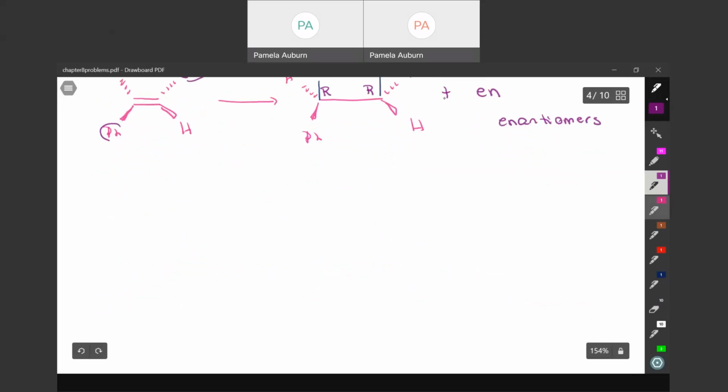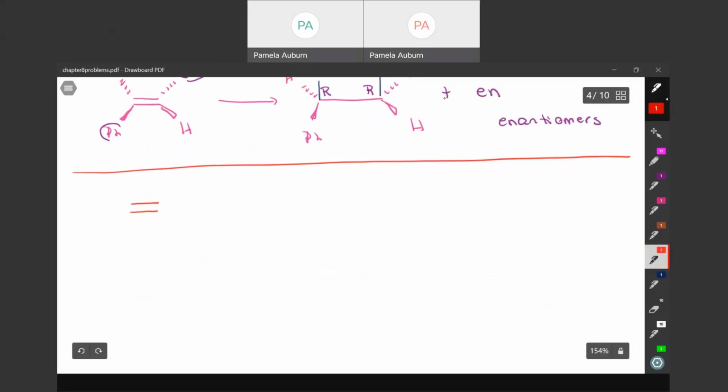So if we come down here and we consider, I'm just going to draw a line here, the case where we have cis, and now I'm going to do anti-addition.